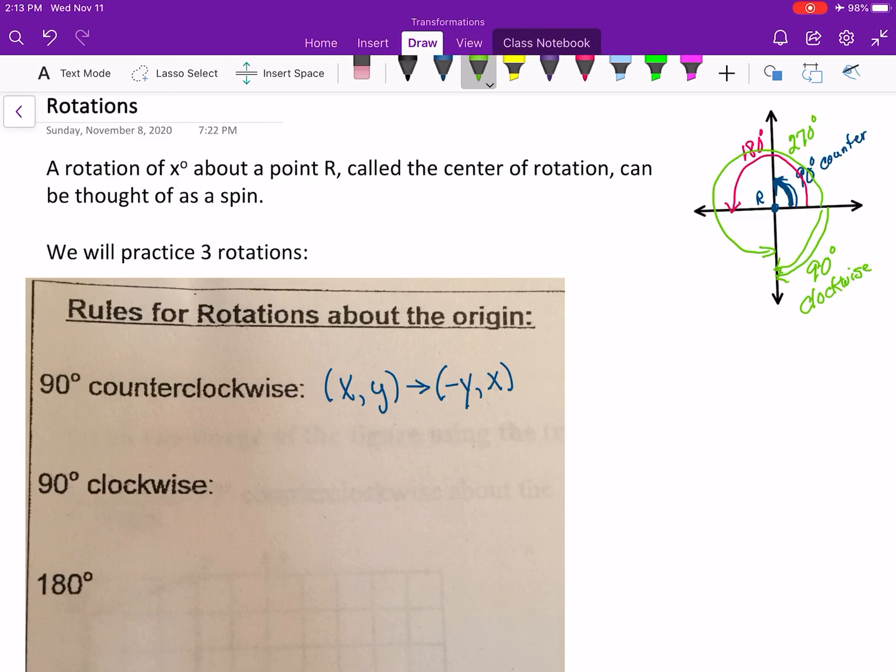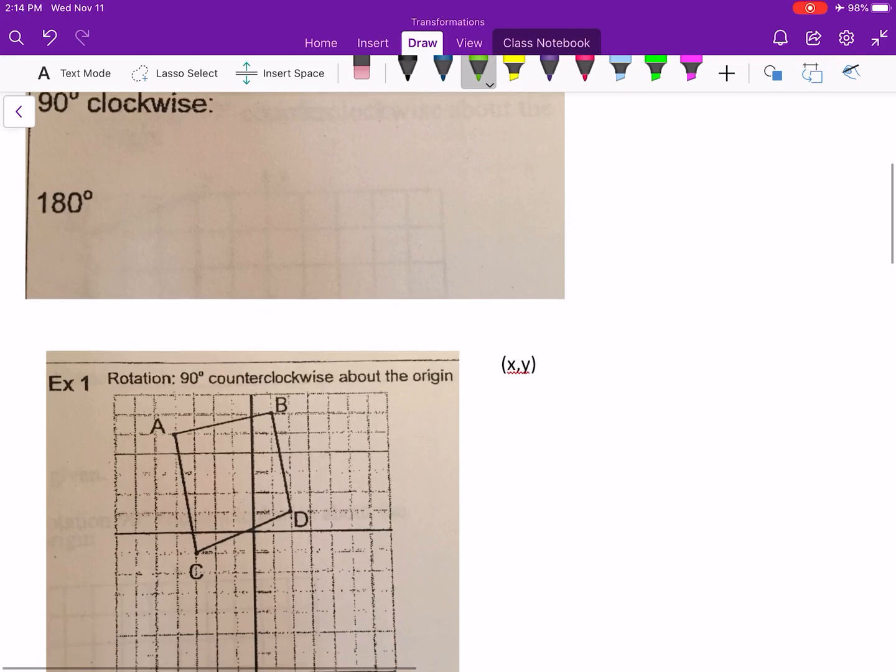If the original point was 3, 1, in a 90 degrees counterclockwise, we'll take the 1, the Y, we'll change the sign on it, so negate it. It becomes our X, and the old X, the 3, gets put in the Y position instead. And we're just going to follow that routine. Right, so I'm going to go one at a time on these. So let me go to the first example.